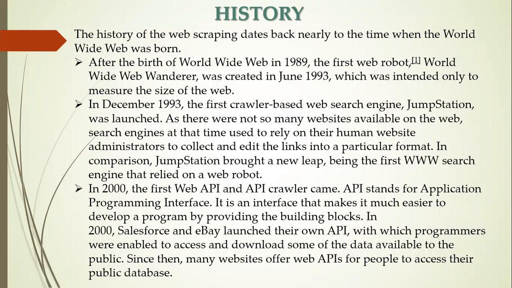In 2000, the first web API and API crawler came. API stands for Application Programming Interface. It is an interface that makes it much easier to develop a program by providing the building blocks.